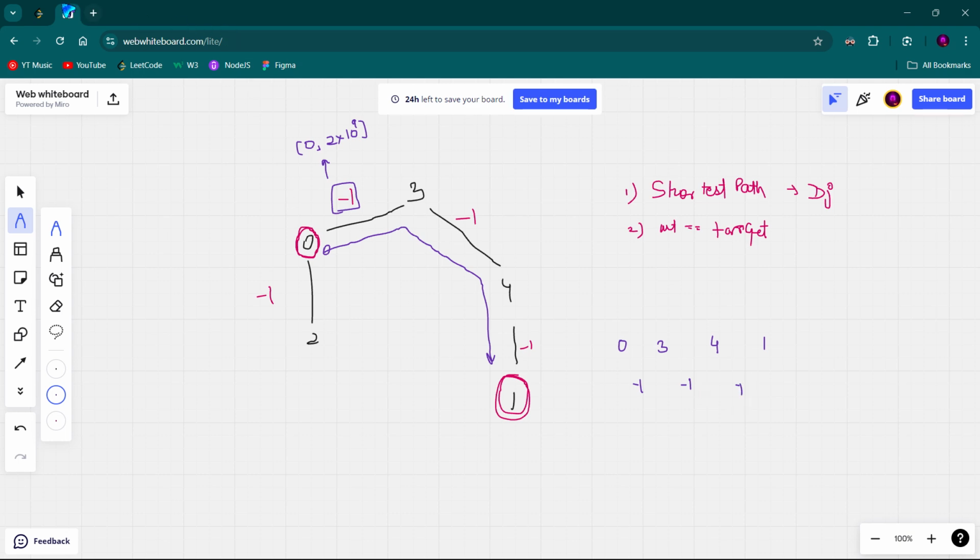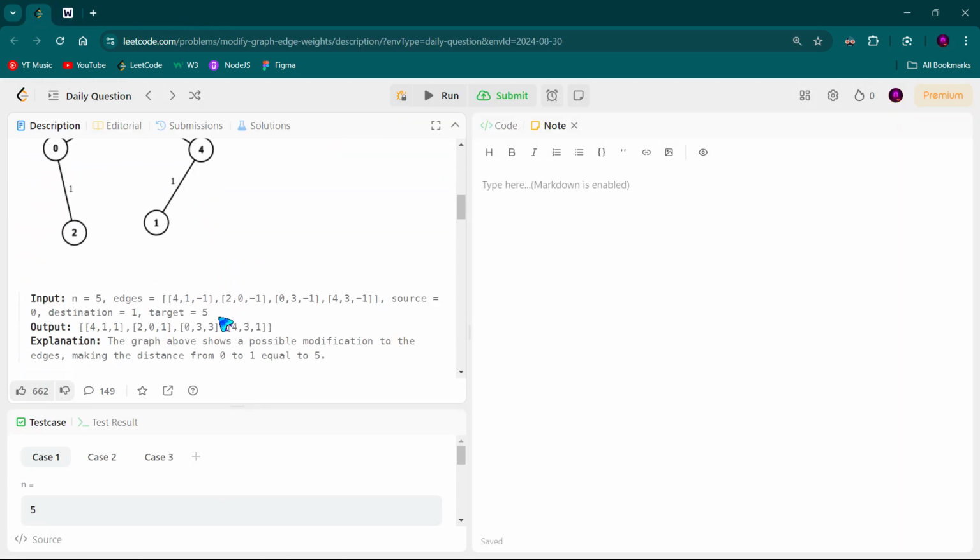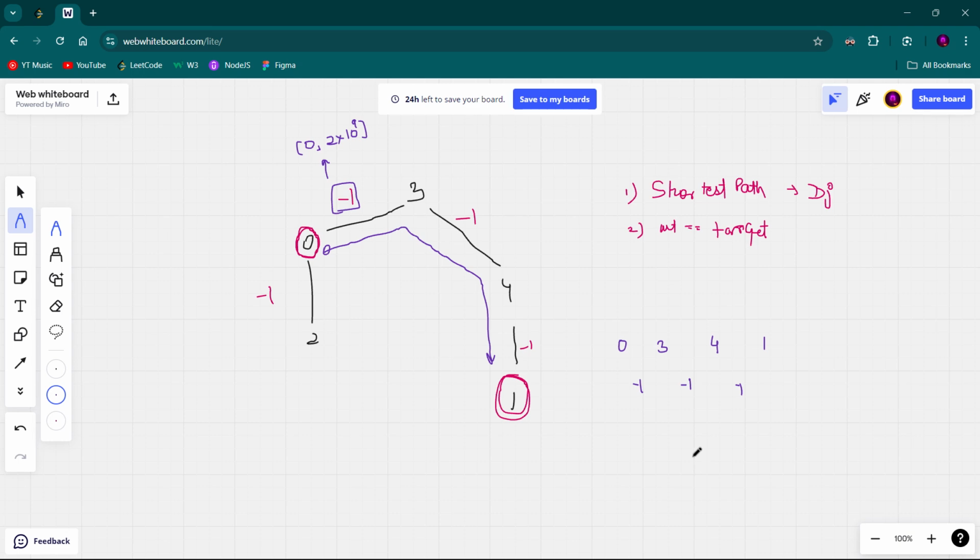Now my target is 5. So what if I mark this as 5, this as 0, and this as 0? This becomes my valid path. So it would be 5, 0, 0. The total path is 5.